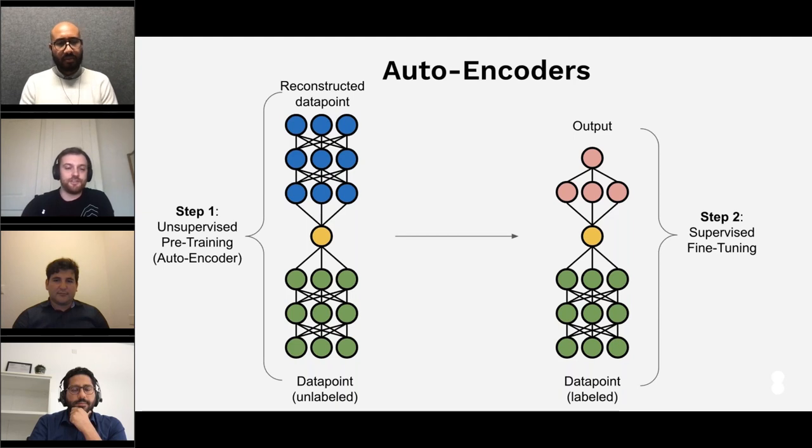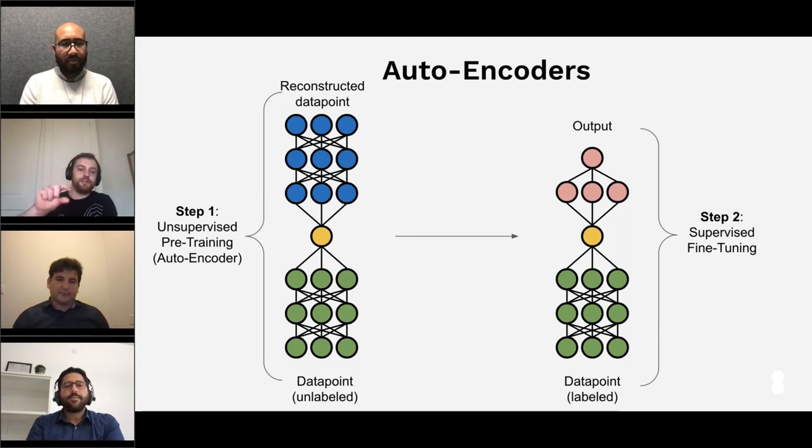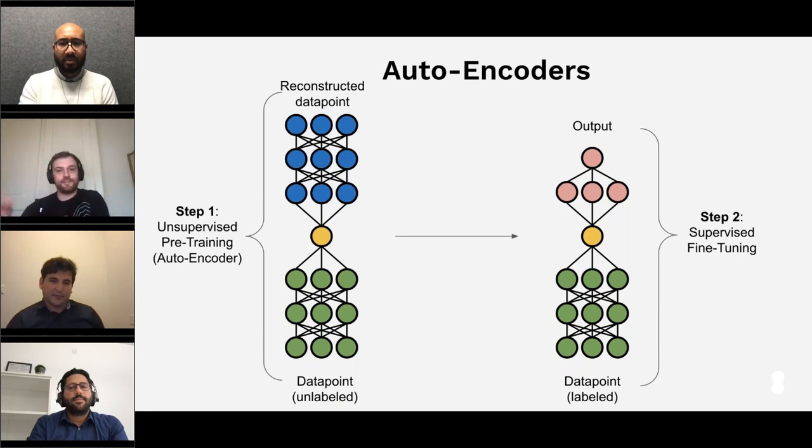At first glance, this might seem trivial. However, the clue is that in the middle we have one layer, this yellow low-dimensional representation. It has low dimensionality and therefore acts as an information bottleneck, which forces the network to learn a meaningful representation of the data. Then in the second step, we use that representation and, on top of it, do our supervised fine-tuning with the labeled data points.